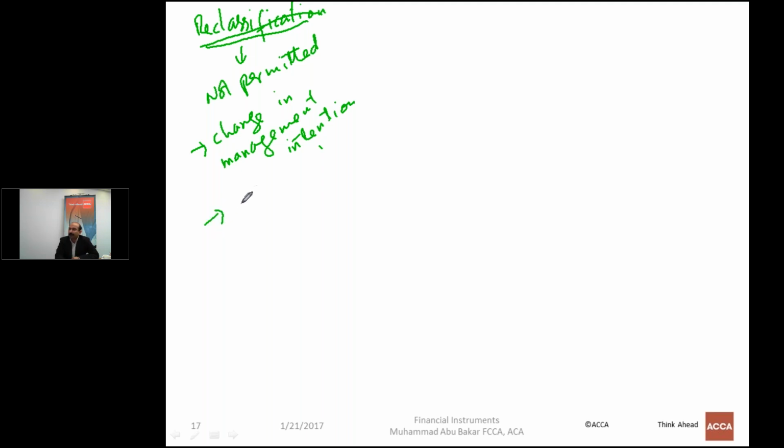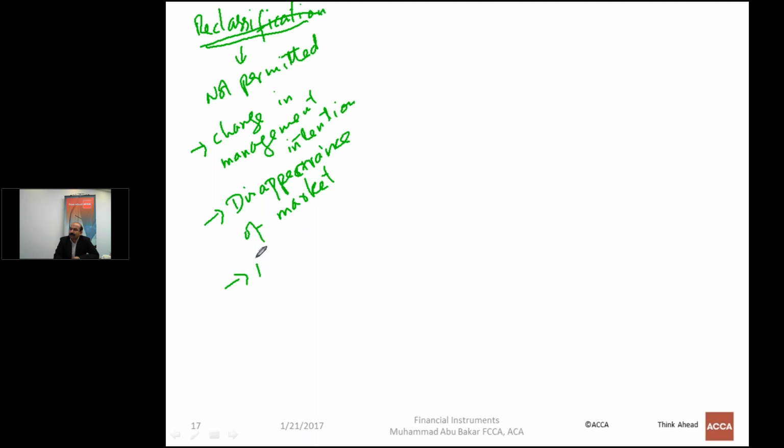Number two, a temporary disappearance of a particular market for that financial asset. So you should not reclassify in such a situation.